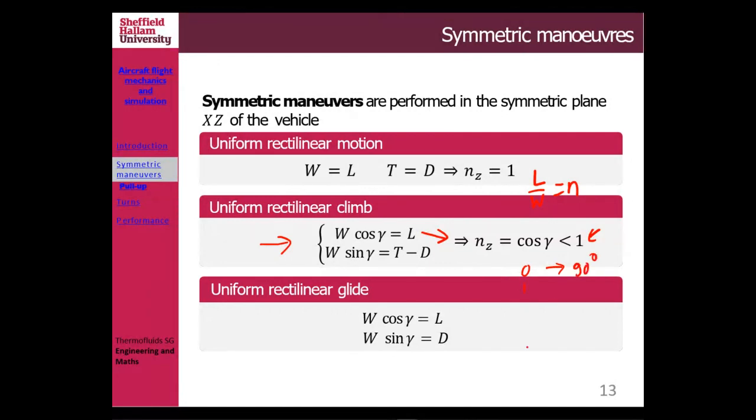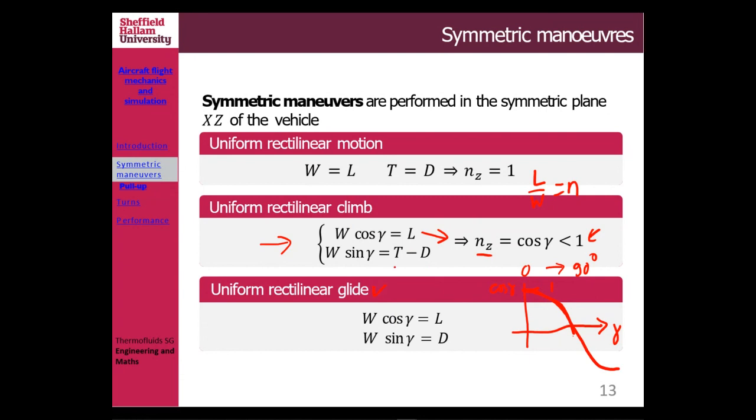If you look at the cos gamma function, if this is gamma and this is cos gamma, from 0 to 90 degrees it always goes like that, where this one is 1. So whatever the gamma that you pull, cos gamma is always less than 1, because the cos gamma function just goes like that. You follow? So that is the consequence for your load factor if you do the climb, steady level climb, for example.